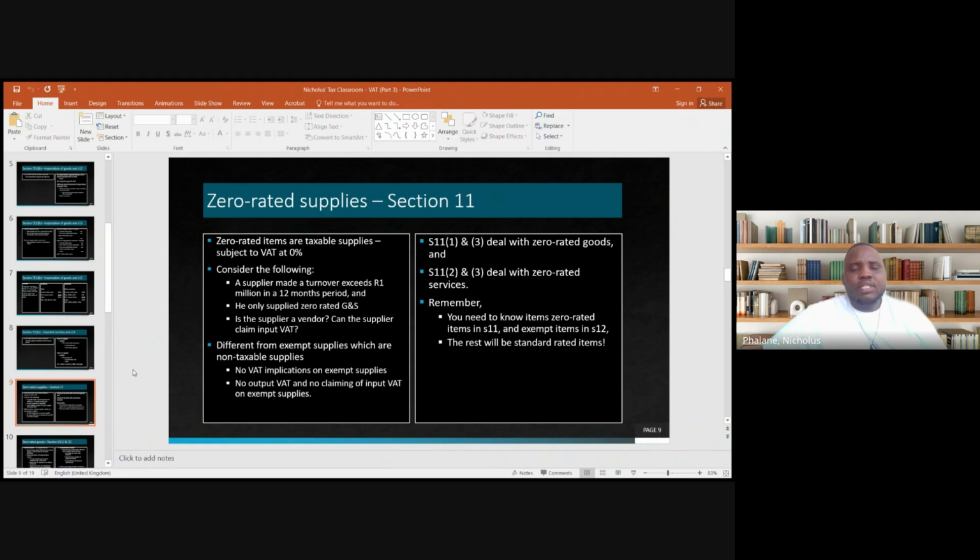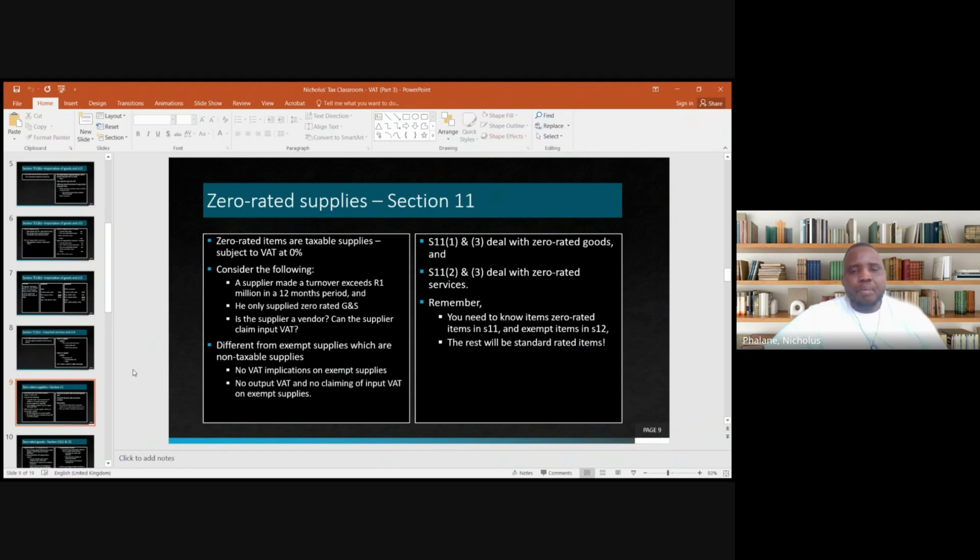So it is an advantage for you to register as a VAT vendor when you are offering zero rated items, because the VAT that you're going to charge and pay to SARS is going to be zero, since whatever you're supplying is multiplied by 0%. So you're going to pay over output tax of zero to SARS, but you can claim input.